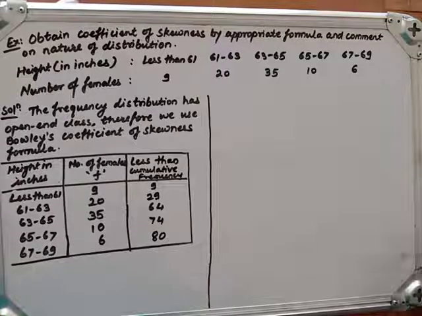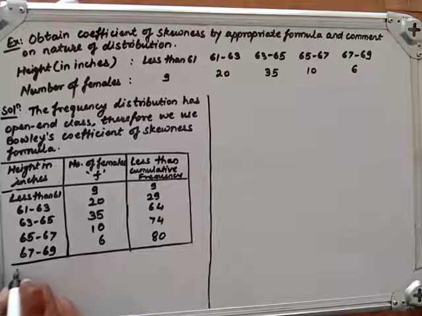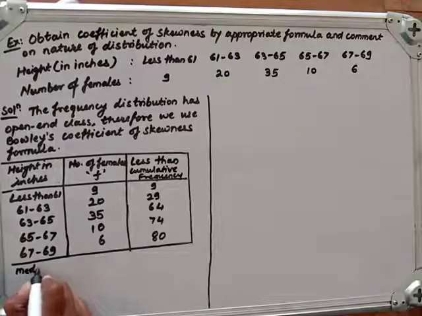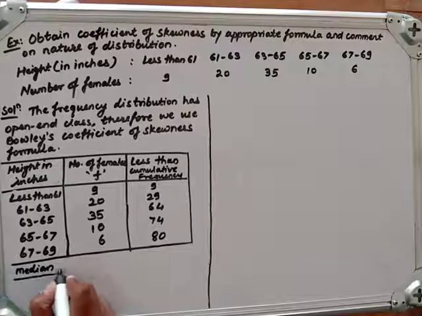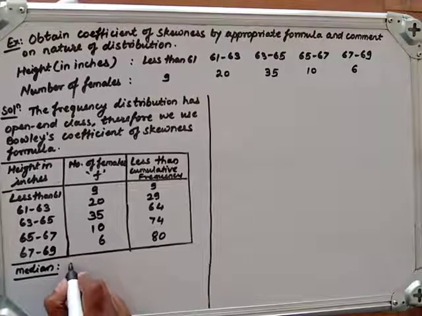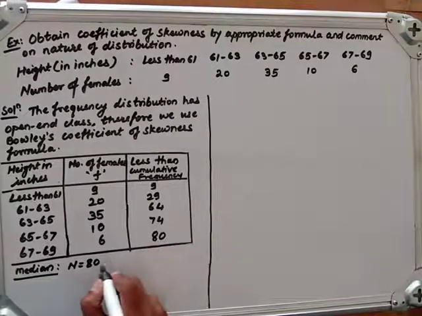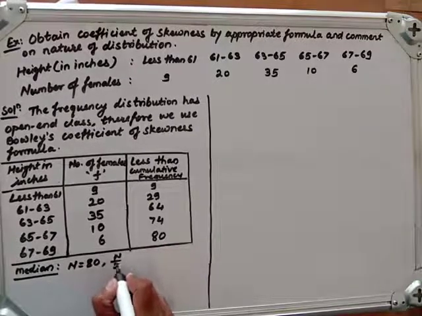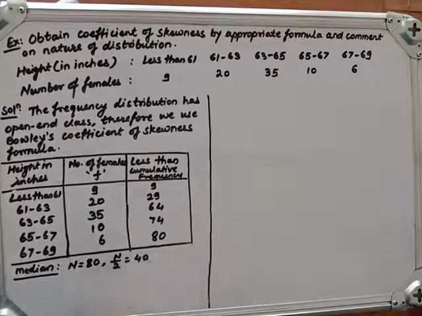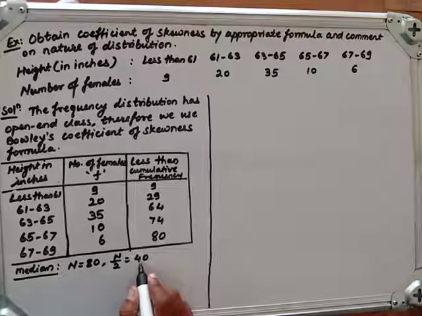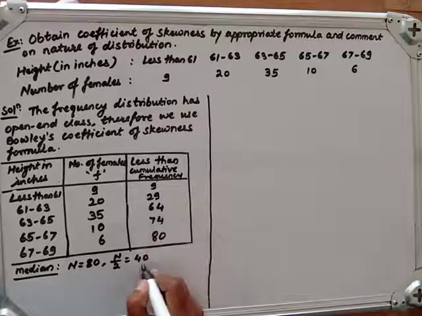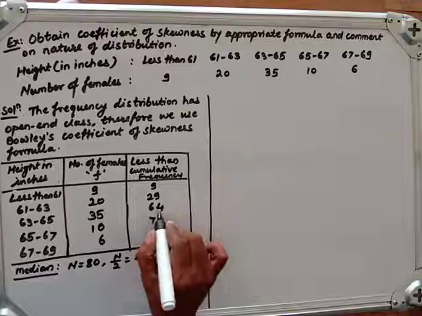Now let me find first Q2, that is median. So let us do the calculation for median first. Okay. So we have capital N, that is 80. Now what is N by 2? N by 2 is 40. So the class interval having a less than type cumulative frequency just greater than 40 is 64.